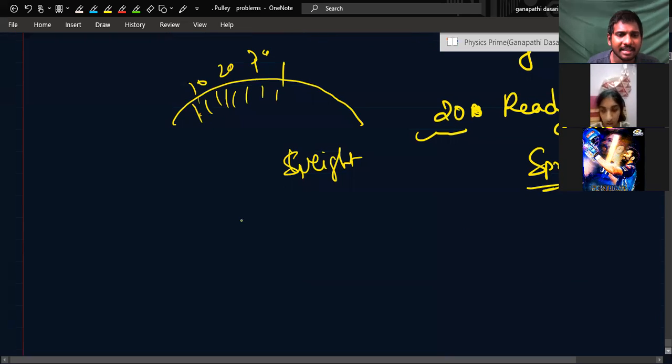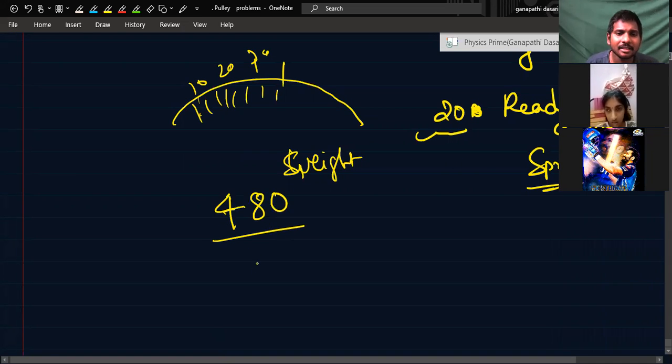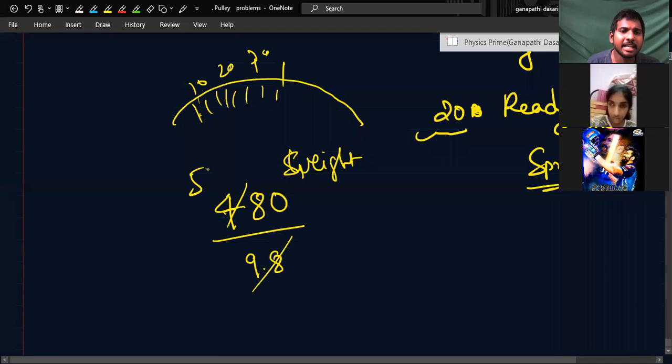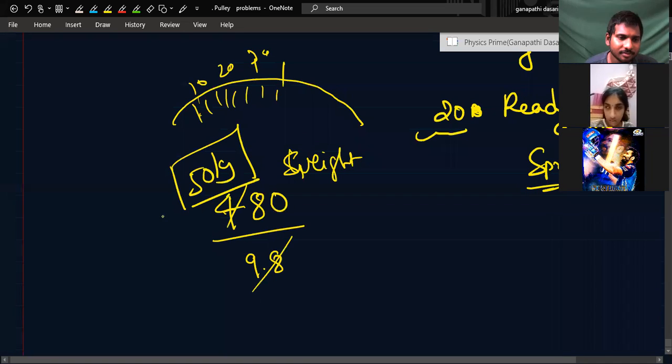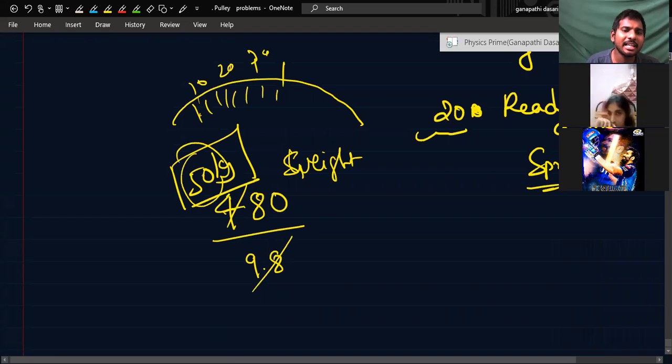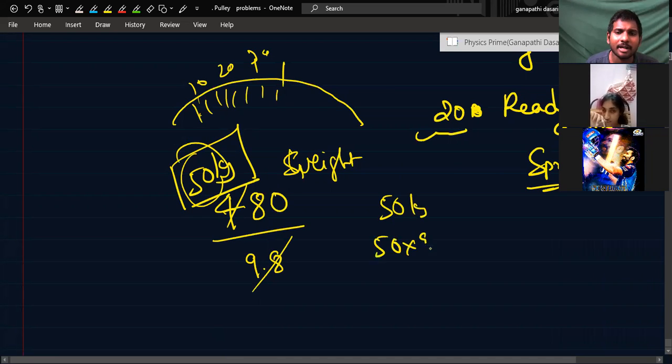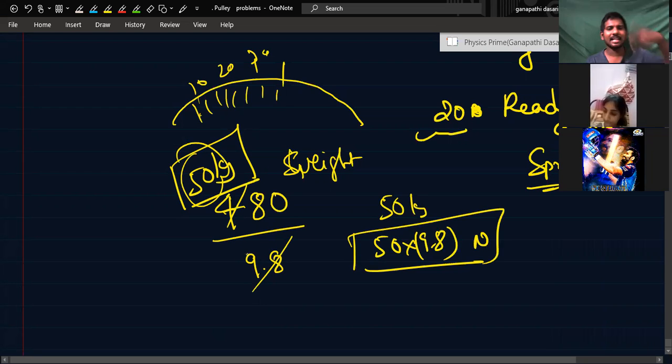What they do is, for example, if you are weighing 480 newtons, that will be divided by 9.8, which will give you 50 kg. Got it? That means your reading is 50 kg, which means that is 50 into 9.8 newtons. It is calibrated like this.